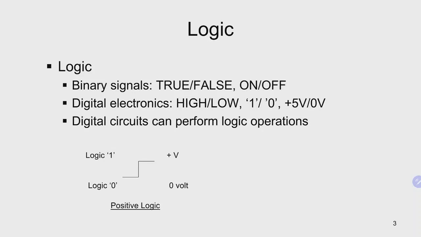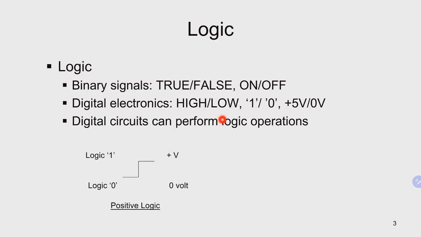So let's dive into the topic itself. I'll start off with what is logic. From binary signals, logic can mean true or false, on or off. And in digital electronics, it's high or low, and that can be associated with a voltage, either plus 5 volts or high, or 0 voltage or low.